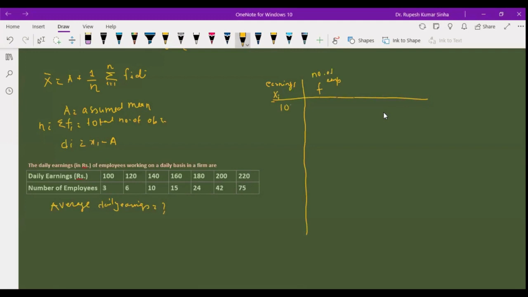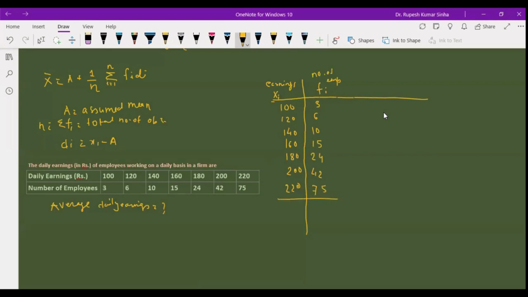It is 100, 120, 140, 160, 180, 200 and 220. The frequencies Fi have been given as 3, 6, 10, 15, 24, 42 and 75.